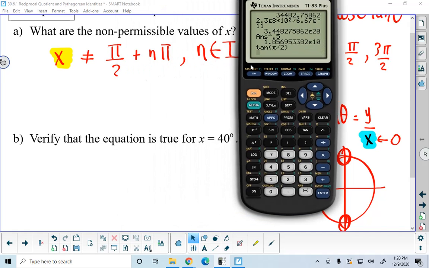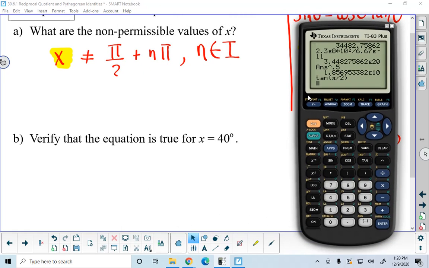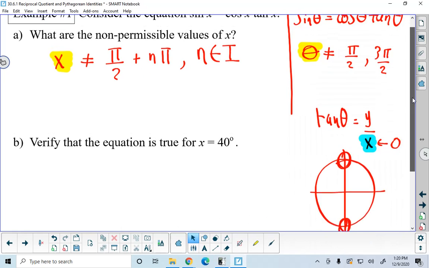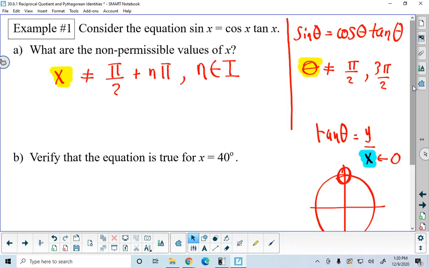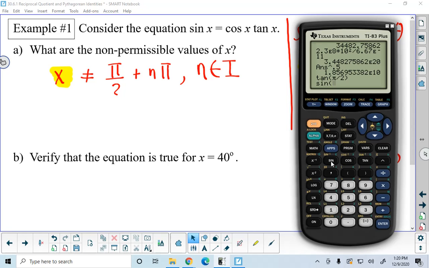We're simply going to figure out what the sine of 40 degrees is. I'm in degree mode. The sine of 40 degrees is that number. And I'm going to figure out what the cosine of 40 degrees, close brackets, multiplied by the tan of 40 degrees is. And I get the same number. So we've verified that it's true for 40 degrees.